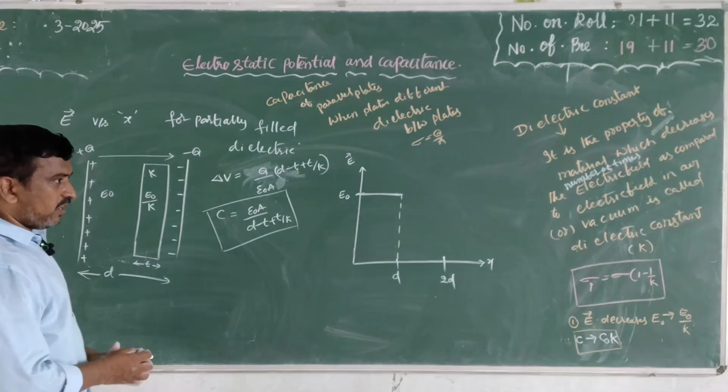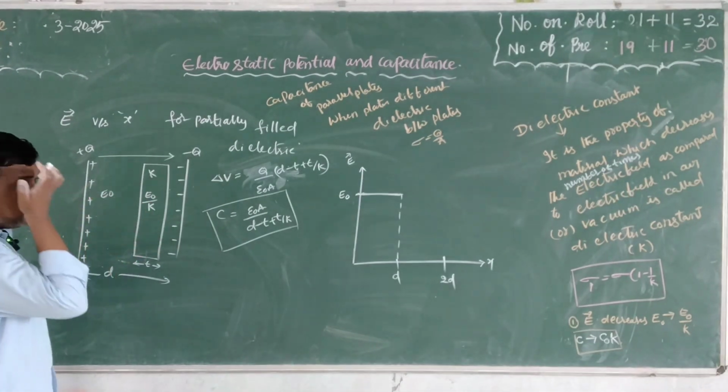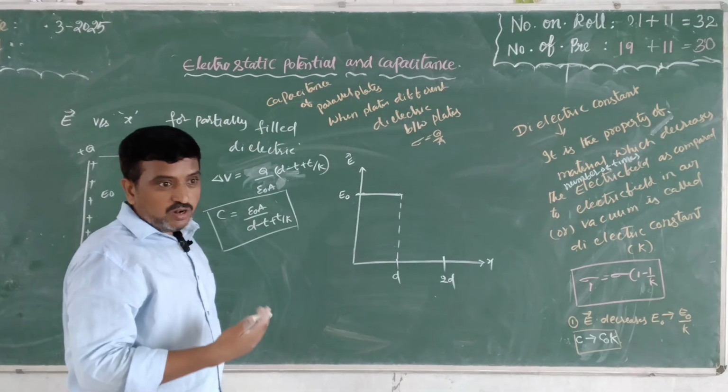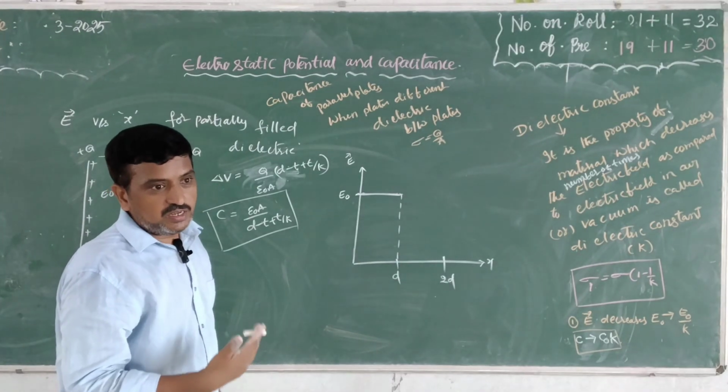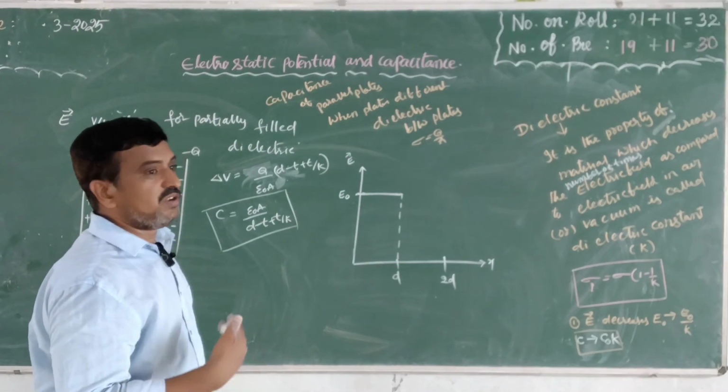Now in the dielectric, the electric field decreases K times. K means the number of times the electric field decreases compared to the electric field in air or vacuum.